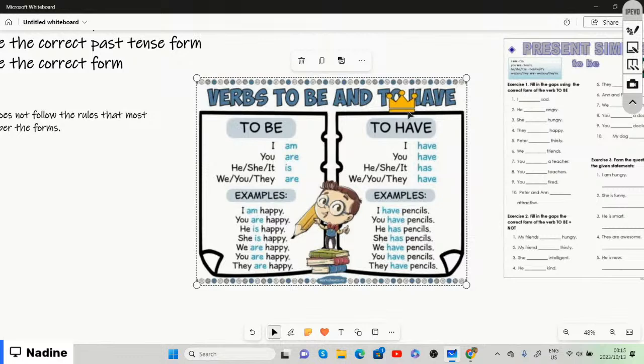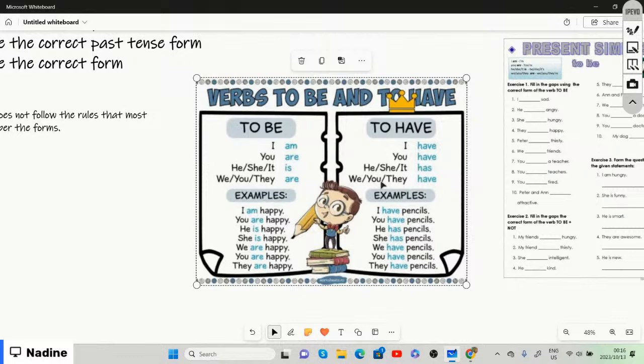Then we also have the verbs to have. And the verbs to have, right, is where we say I have a ball. Right? It refers to something that you are having now. Right? It's now. You have something now. Right? If we maybe say it in the past specifically, right?